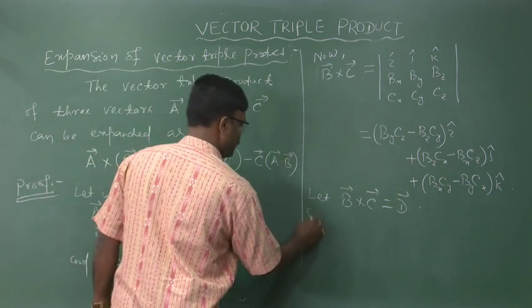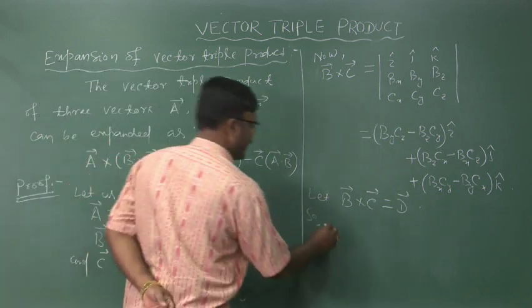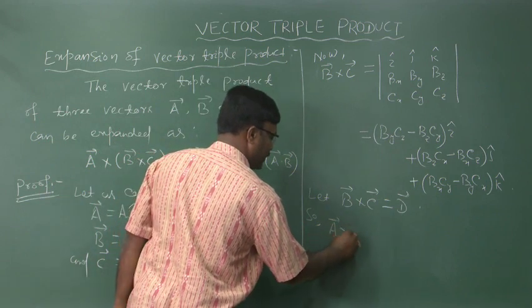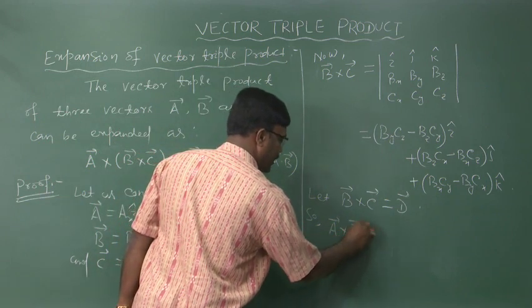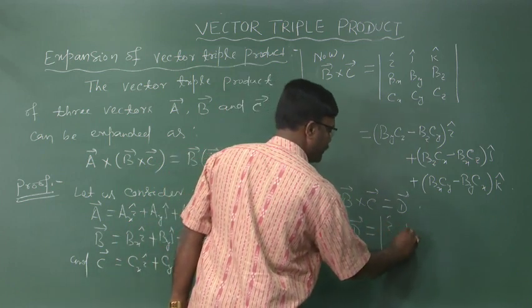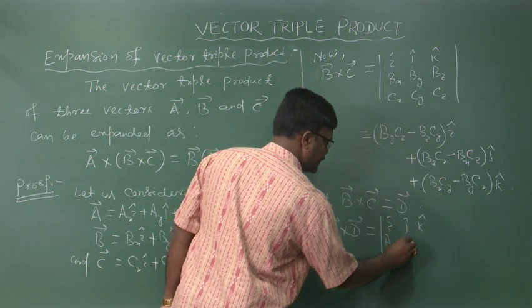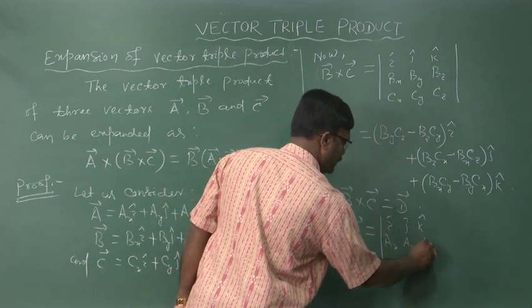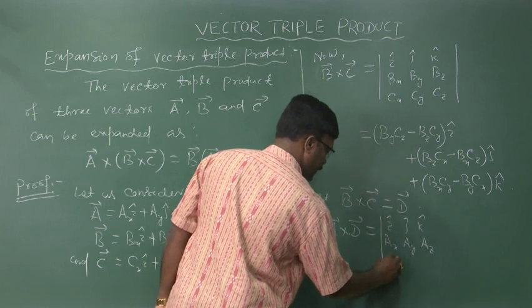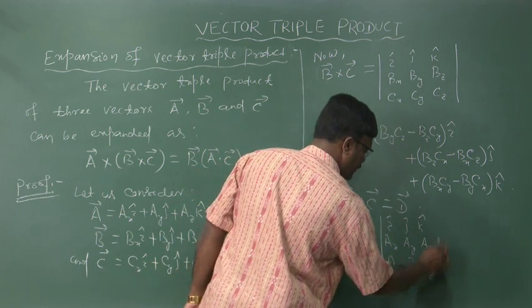So, now we can write A vector cross D vector is equal to the determinant with rows i cap, j cap, k cap; Ax, Ay, Az; Dx, Dy, Dz.